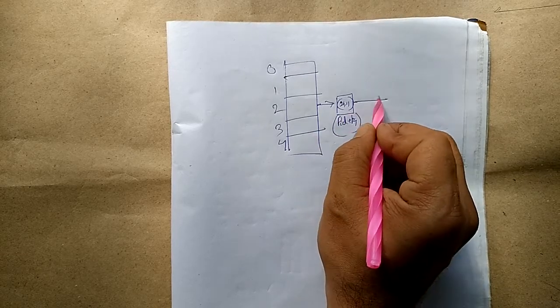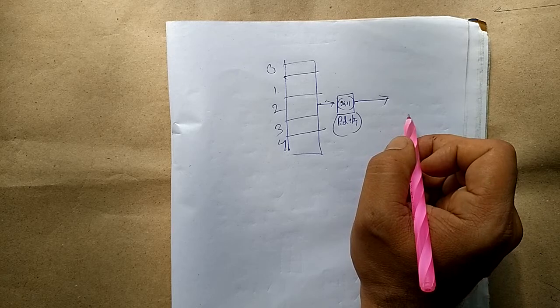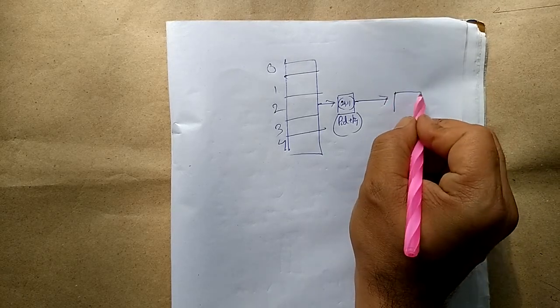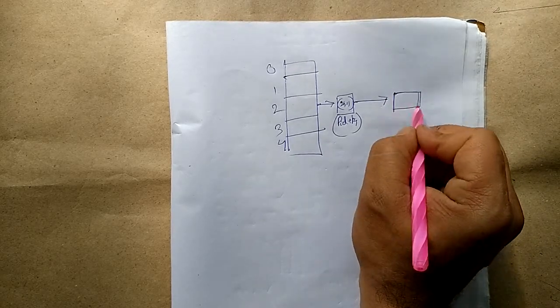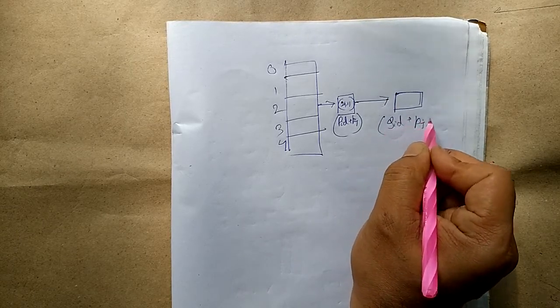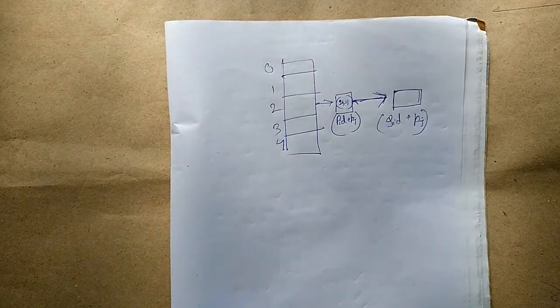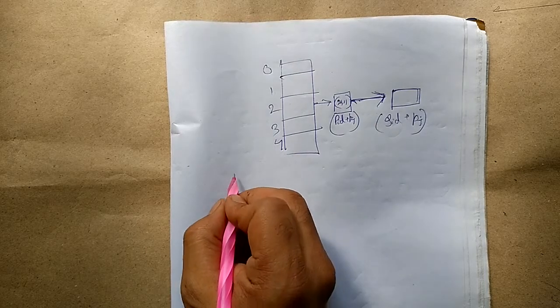Now in the same location there will be another process with another page number, so we just link the address, that will be QID plus Pj. This is the way by which we can avoid the collision.